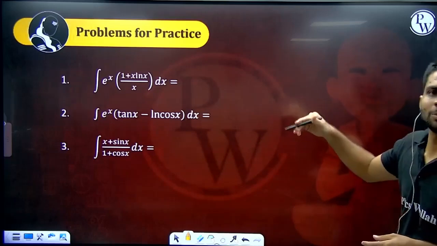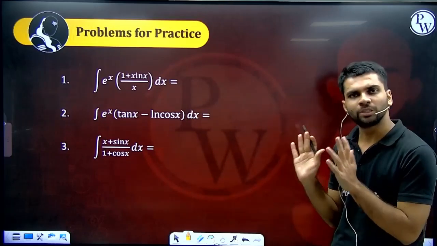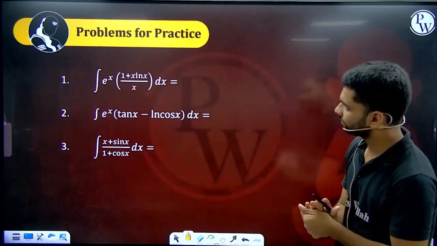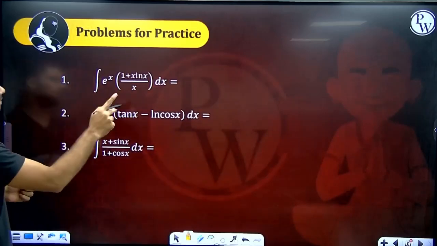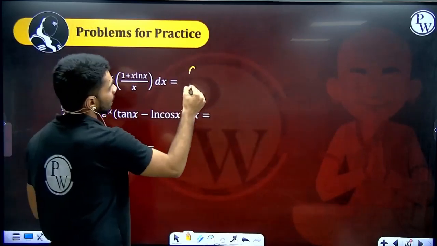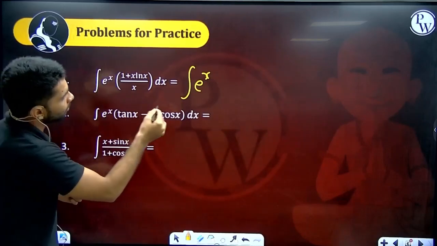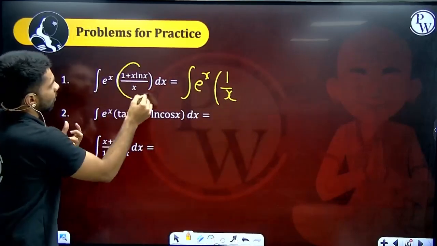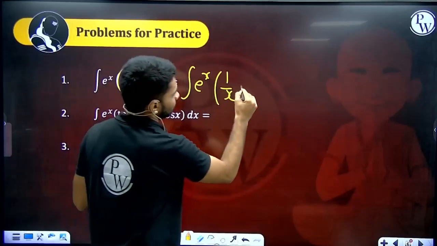Now, some problems for practice for you. All you have to do is observe the pattern and solve it. Like in first problem, what we can do? e to the power x, 1 upon x, okay, 1 upon x plus ln x.